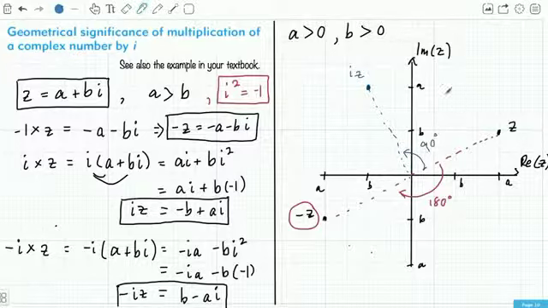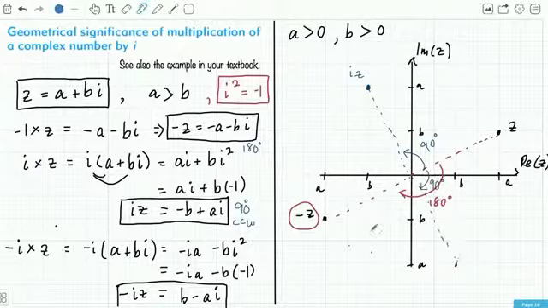So it's a 90-degree rotation. So this is 90 degrees counterclockwise. This is a 180-degree rotation. And you can probably guess with negative iz where that will be. That's going to be b minus ai, so it's down here. And you can see that that complex number has been rotated 90 degrees clockwise.